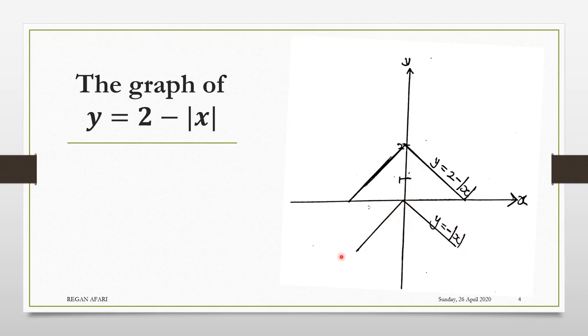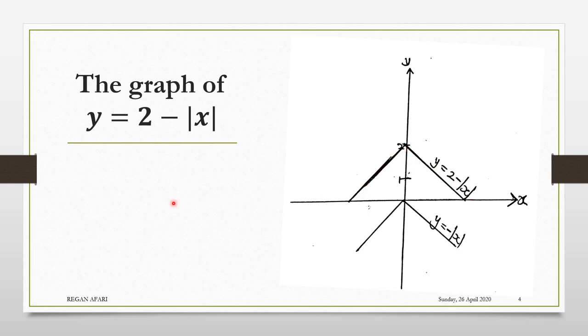So what about the 2? This is positive 2. Positive 2 means you shift this end upwards by 2 units. If it were negative 2, we would go downwards 2 units, but since it's positive 2, we go upwards 2 units. So 1, 2. And then we get our N shape.